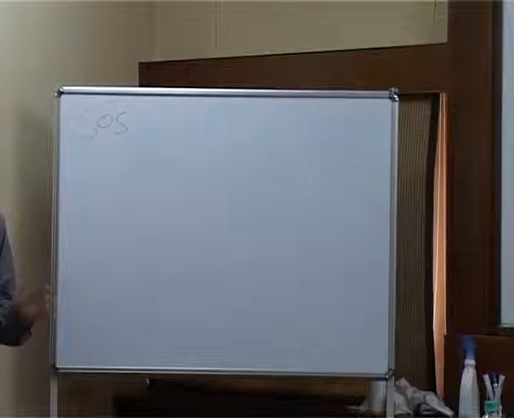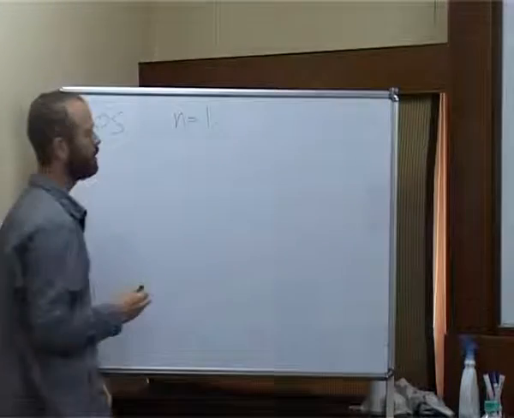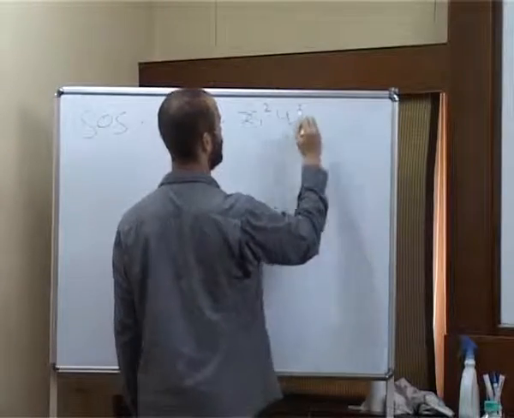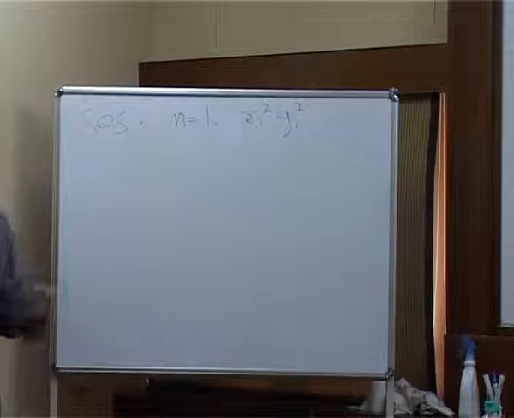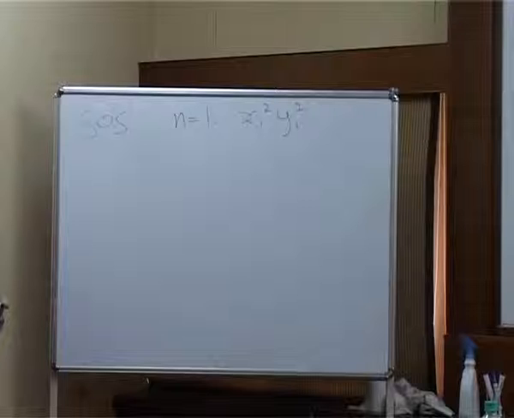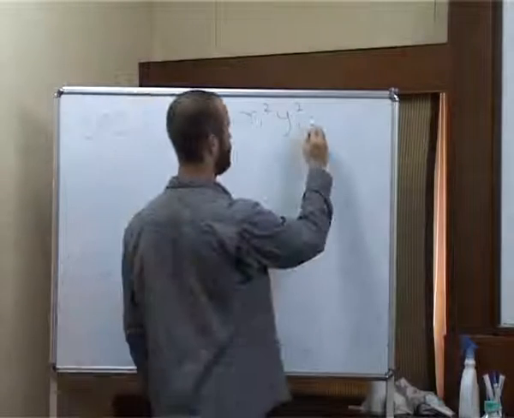So let's start with the simplest case. What happens for n equal 1? Then we just want to compute x1 squared times y1 squared. And then how large can k be? How small can k be? Then k is just 1, right?